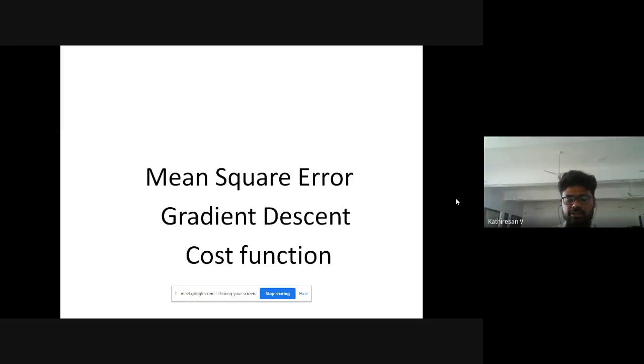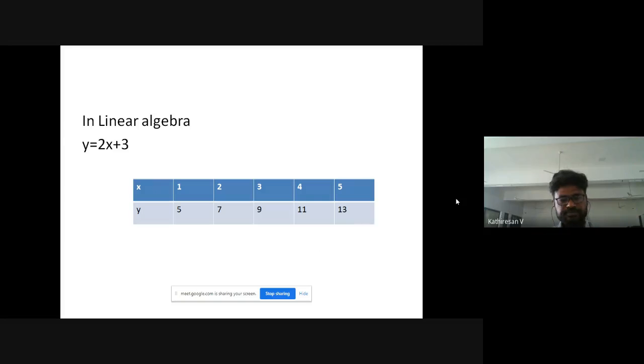I would like to go further into this topic in this session. We discussed how we deal with the function and the data in linear regression with traditional mathematics, and how we deal with the problem with respect to machine learning.